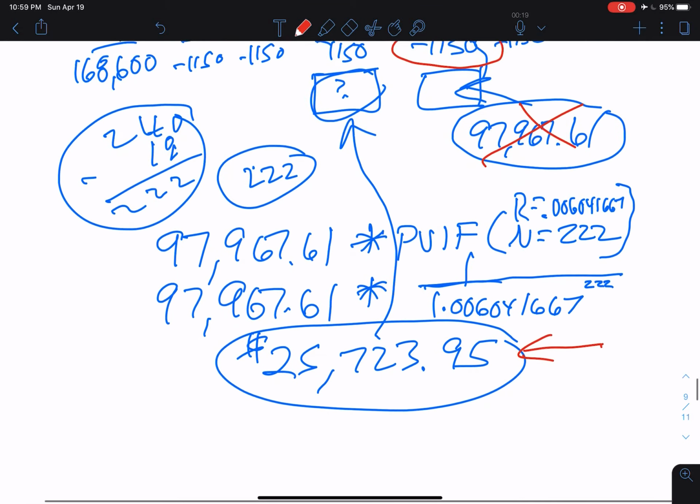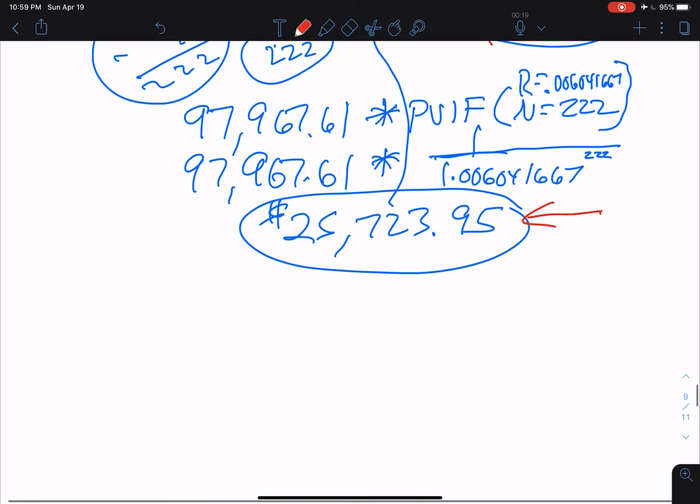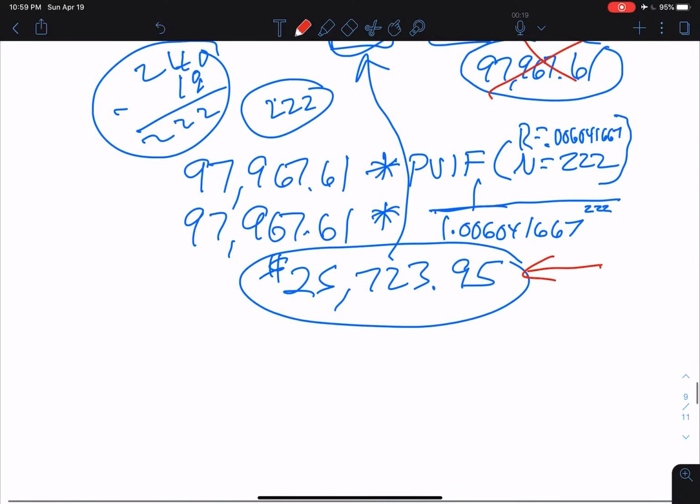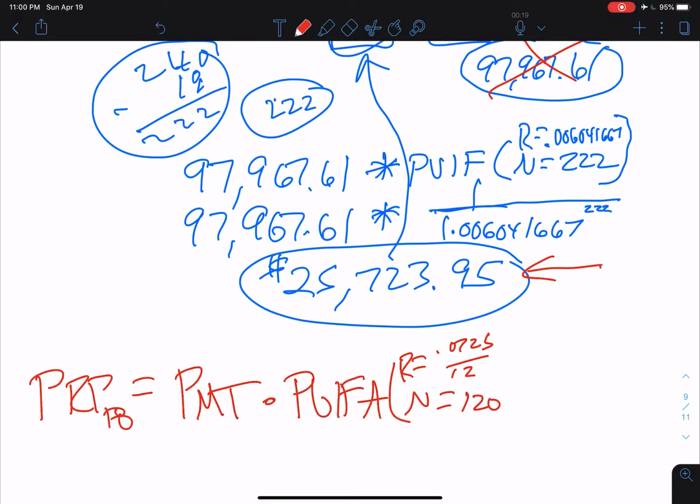In the last problem, we noted that the principal reduction payment that we made at date 18 was equal to the payment amount, which was $1150.15, multiplied by a present value interest factor for an annuity where the R was equal to 0.0725 divided by 12, and N was equal to the number of payments that we wanted to eliminate, which was the last 120.